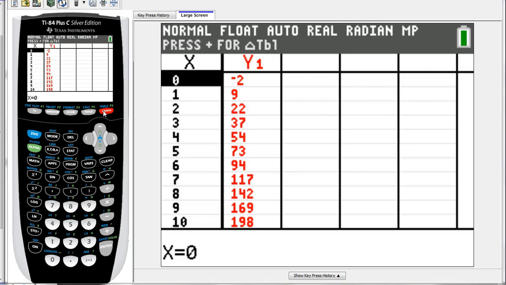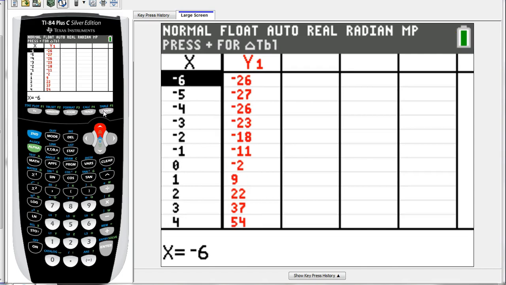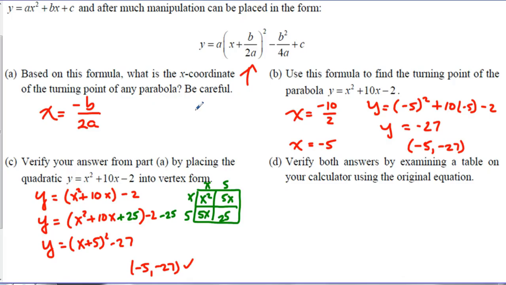And we can just see at negative 5, we see some symmetry around negative 5, and we see that in fact negative 5, negative 27 is the point where it turns, right? The turning point. All right, so we can just say check.